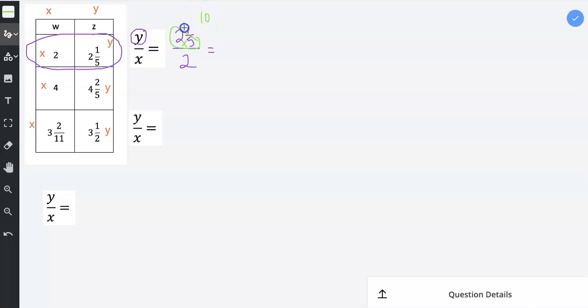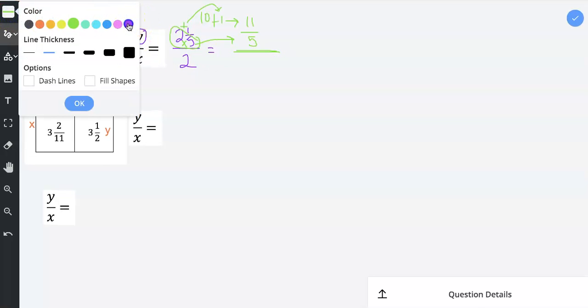And then I add the numerator, so I add 1 to the 10, and that becomes the numerator of my fraction, 11. And then the denominator stays the same. It was originally a 5 in the mixed number, that's the only denominator in the mixed number, so it stays a 5. And then I'll draw a larger fraction bar.